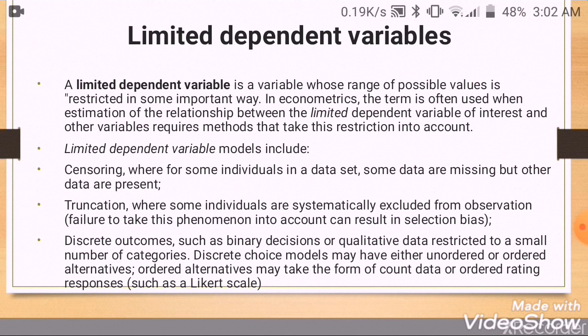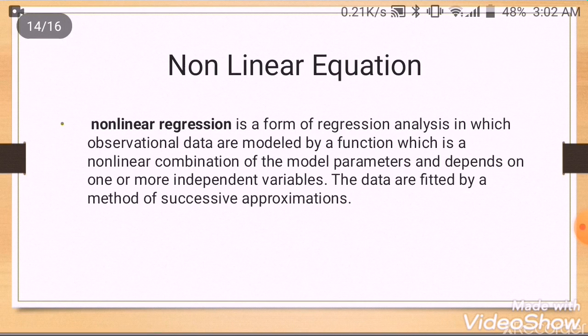Discrete choice models may have either ordered or unordered alternatives. Ordered alternatives may take the form of count data or ordered rating responses.